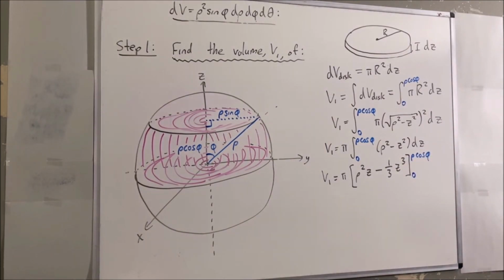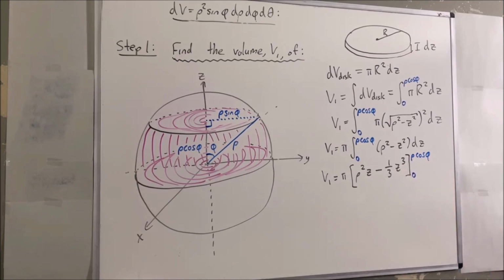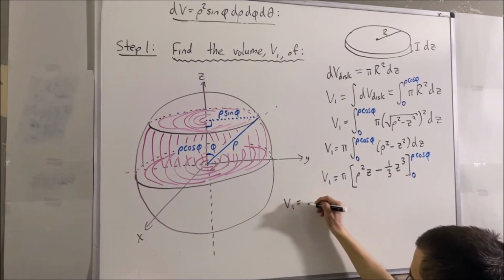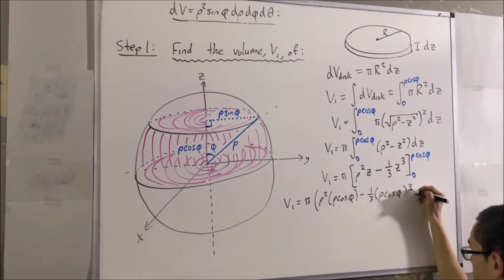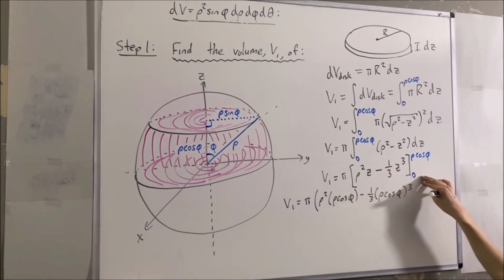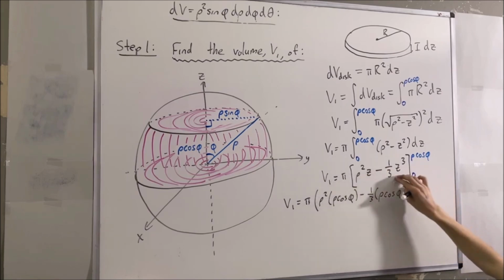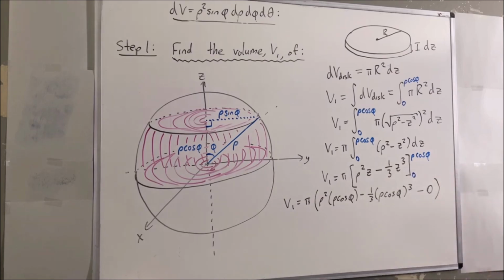Now we're ready to perform the substitutions for our bounds of integration. First, I'm going to substitute z for rho cosine phi. Then we would subtract the substitution of z for 0. But if you substitute z for 0, you get 0 minus 0, which is 0, so overall you're subtracting 0.